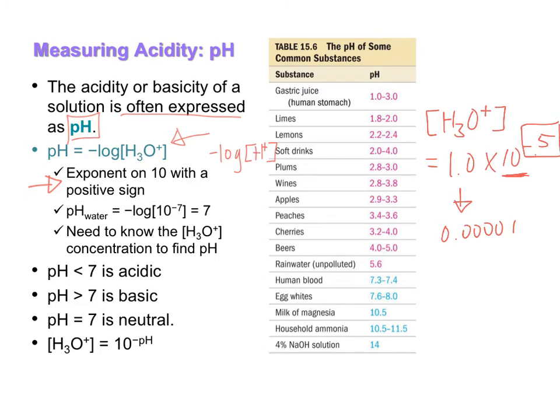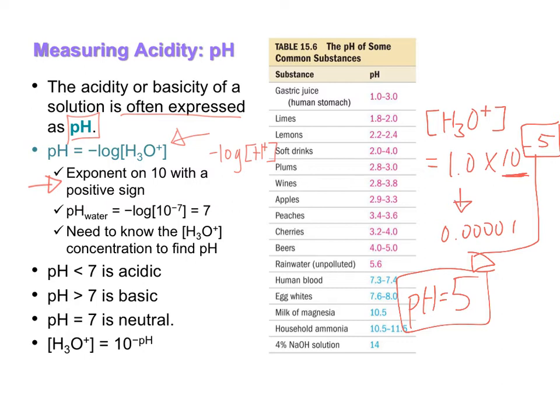What pH does is it makes it into this value, 5. So instead of saying the concentration of hydronium is 1 times 10 to the -5th, you can just say the pH of this solution is 5. Isn't that a lot easier? So that's what the negative log does. It takes the exponent down, makes it into a number, and puts a positive sign in front of it.